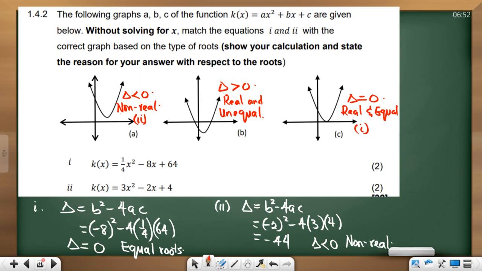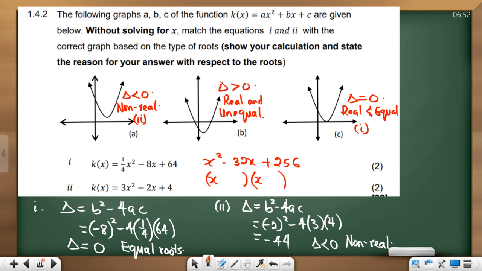If I were to factorize this, you know what I would do? Let's multiply equation 1 by 4. Just to show you something here, I'll get x squared minus 32x plus 64 times 4. 64 times 4 would give me 256. Now if I want to factorize this, what would I have?